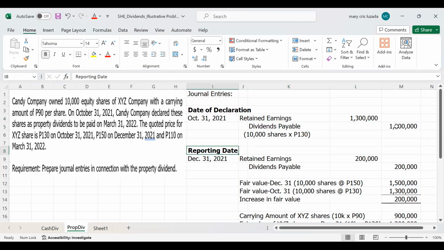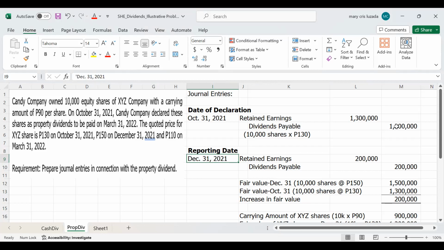Now, on the reporting date on December 31, 2021, take note class, you have to, what do you call this? Update, no? Or ensure that yung na-recognize natin na dividends payable is at par siya, equivalent siya kung magkano na ang fair value less cost to dispose no, ng ating non-cash asset na ipang babayad as dividends.